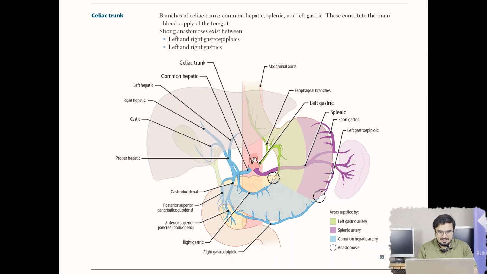If you could look at this image, you can see this is the celiac trunk, and here is the common hepatic artery that is further being divided into the gastroduodenal artery. Please pay attention to the fact that gastroduodenal artery is making its way along the posterior surface of the first part of duodenum.